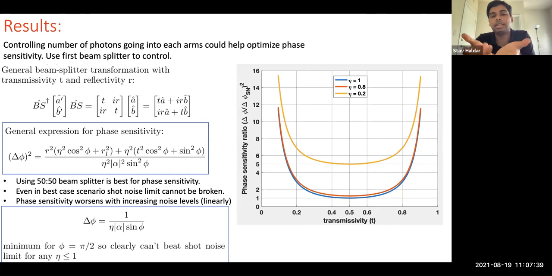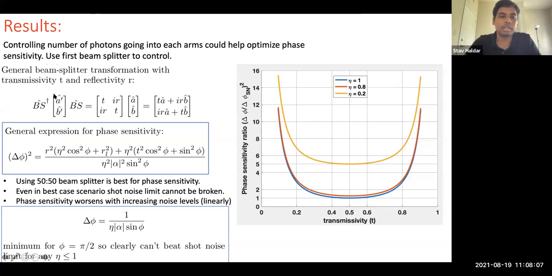The intuition is that because you are losing photons in one of the arms, which is your target arm, and you are not losing photons in the other arm, which is your reference arm, you would want to lose fewer photons and still maintain your phase sensitivity. So you would want to control how many photons go into one arm and the other, and then see what distribution gives you the best phase sensitivity.